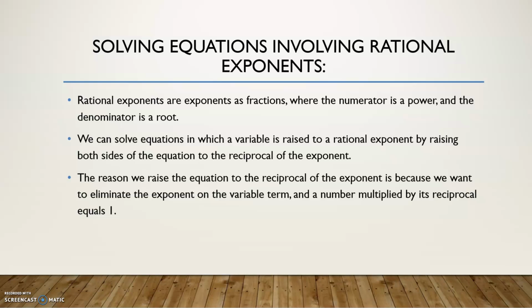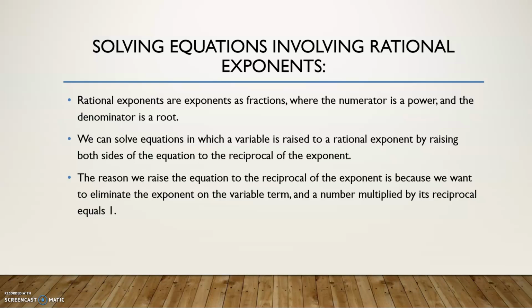We can solve equations in which a variable is raised to a rational exponent by raising both sides of the equation to the reciprocal of the exponent. Reciprocal just really means you're flipping the fraction that they gave you as an exponent. The reason we raise the equation to the reciprocal of the exponent is because we want to eliminate the exponent altogether with the variable term, and a number multiplied by its reciprocal is always 1.